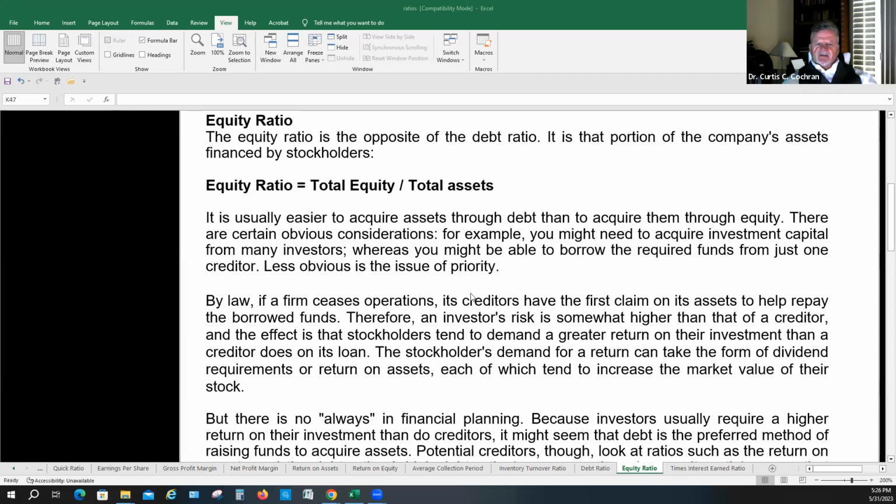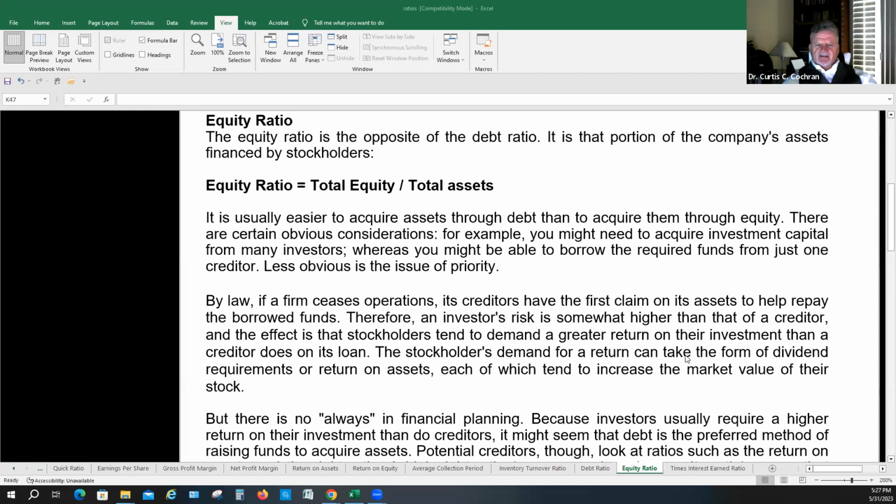Less obvious is the issue of priority. Now, by law, if a firm ceases its operations, its creditors have the first claim on the assets to repay the borrowed funds. Therefore, an investor's risk is somewhat higher than that of a creditor.